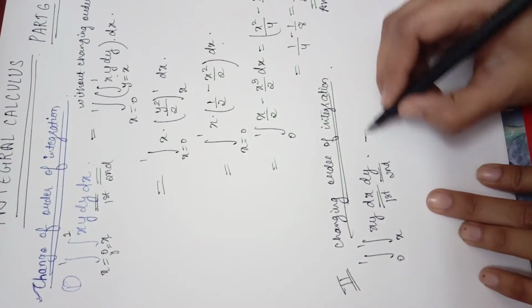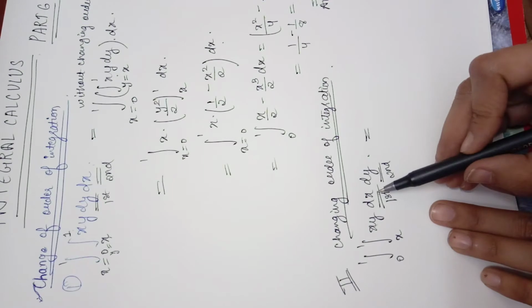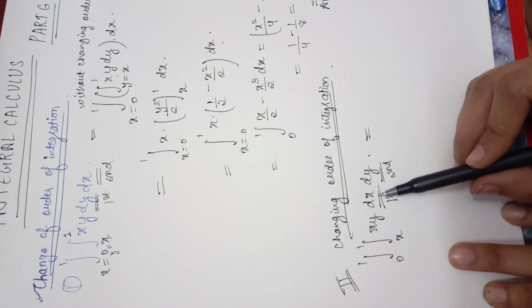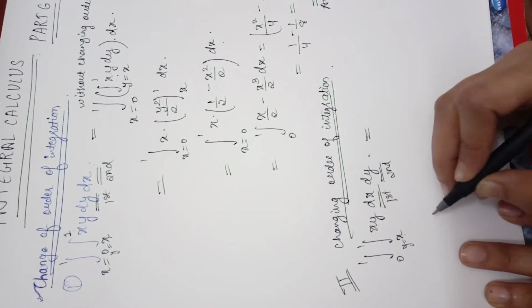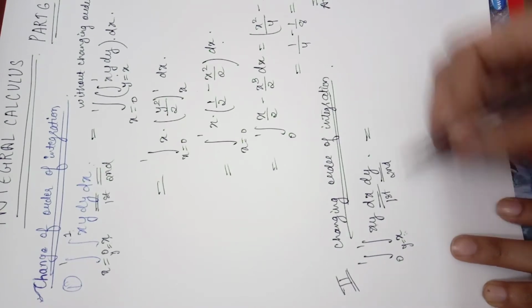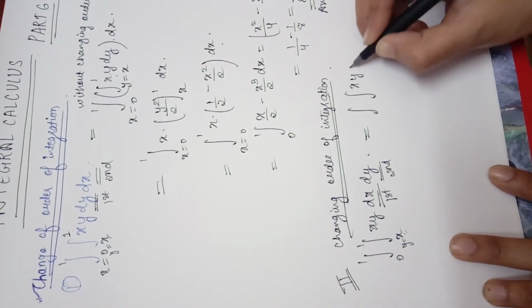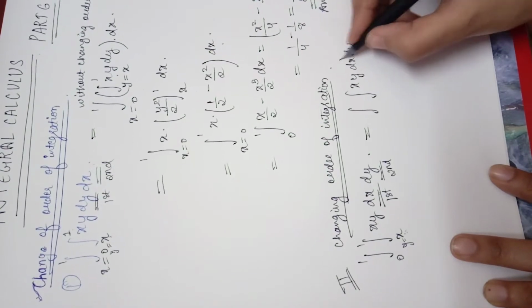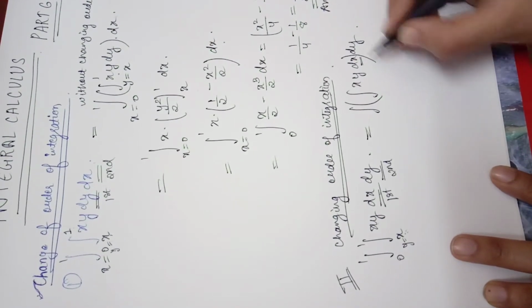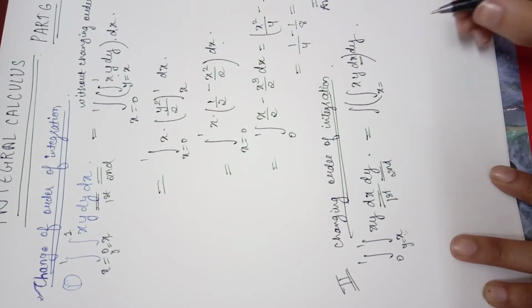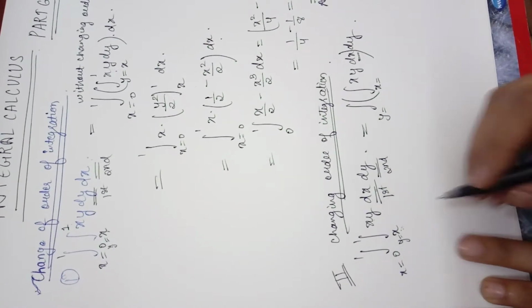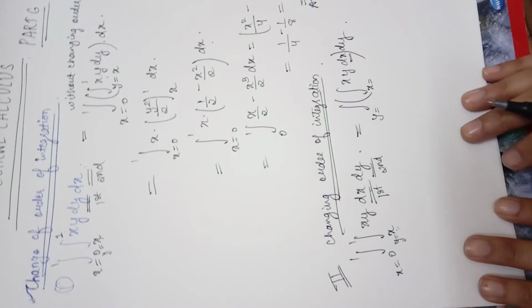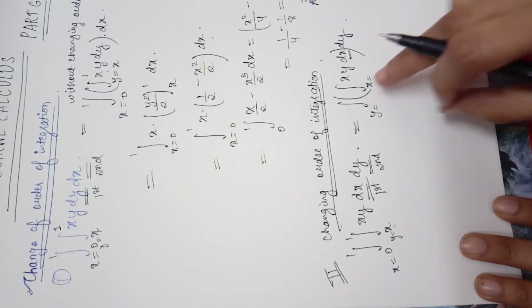Always remember one thing: if I'm solving with respect to x first, then the limits of x should be here, not y, and this is the limit for y. So xy dx dy, this I am putting in a bracket. Here it is x, so the limits here should be for x, and this should be for y. We need to find out what the limits would be. This is the crucial part of the question that we are going to do now.